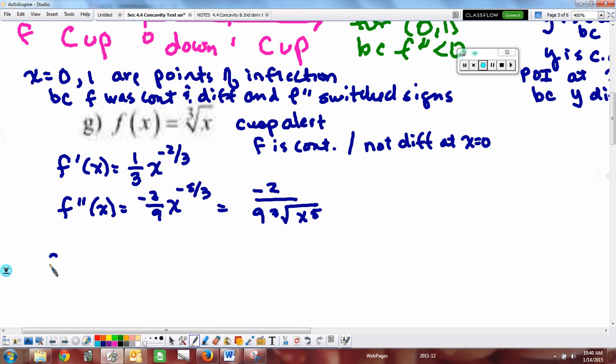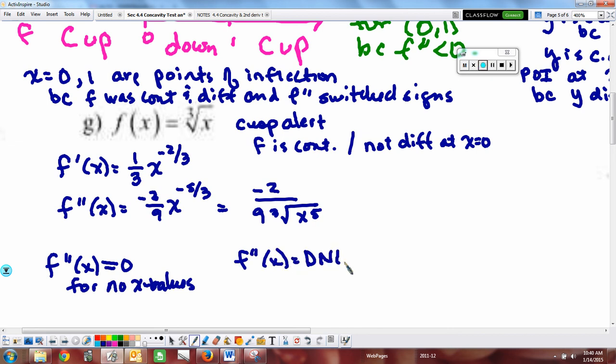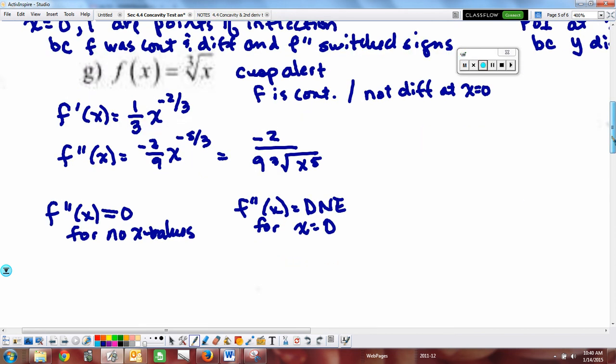So when we look at this, the second derivative of f is equal to 0 for no x values. There's no x's in the top. But the second derivative does not exist for x equal to 0. This is still a possible point of inflection.